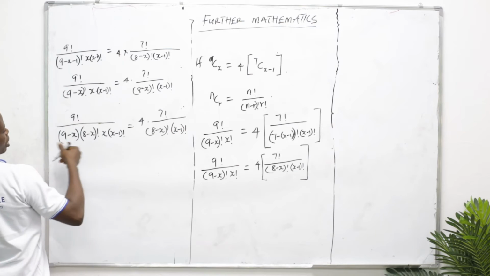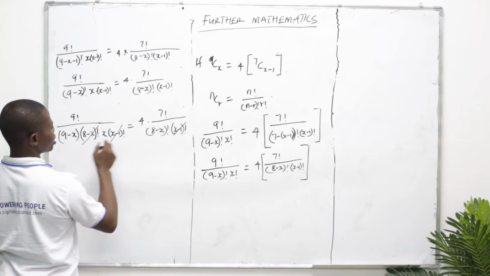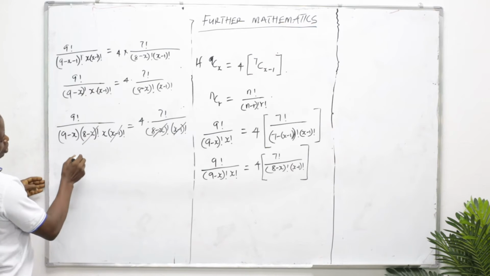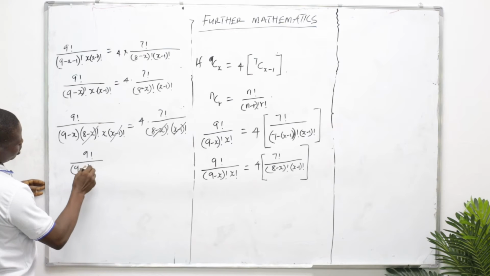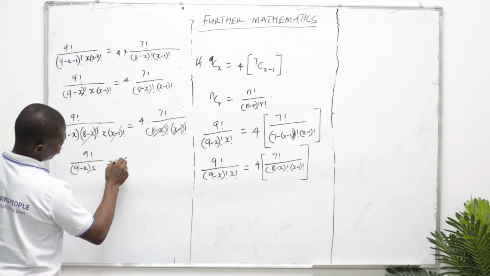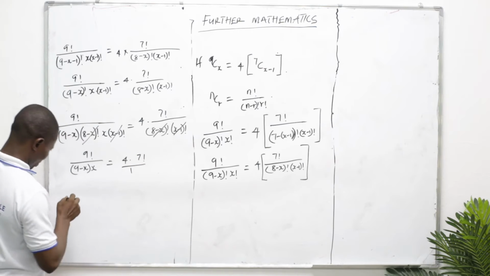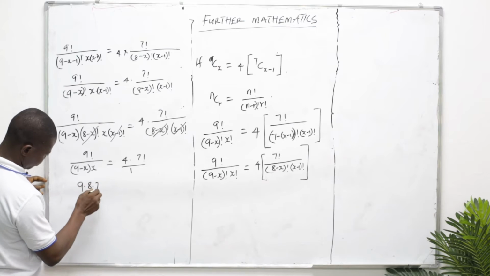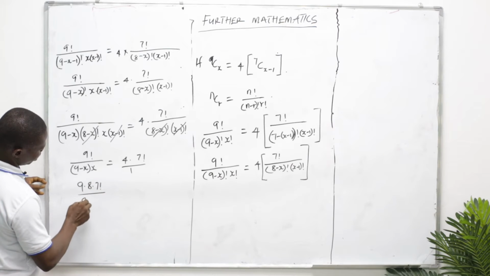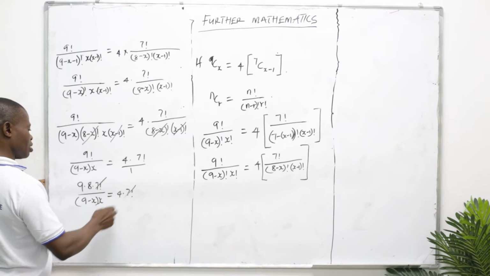If this goes this way and this goes this way, it means this will take care of this and this will take care of this. Okay. So now 9 factorial all over 9 minus s into s equals 4 times 7 factorial all over 1. So 9 factorial implies 9 times 8 times 7 factorial all over 9 minus s into s equals 4 times 7 factorial. 7 factorial will take care of itself.